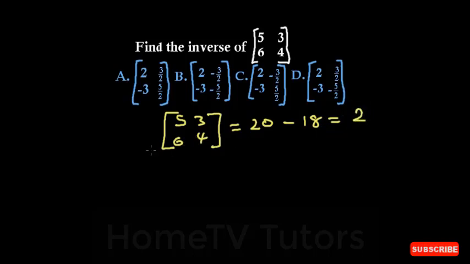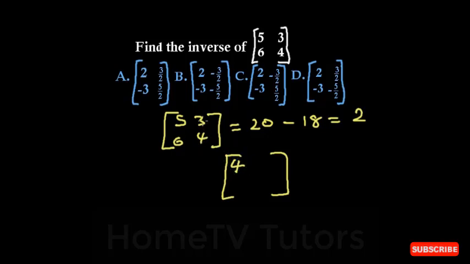Then secondly, we find the matrix of cofactors of each element in this matrix. So the cofactor of element 5 is 4, by striking out the row and the column, and this will form a new matrix. The place sign of this is plus, so we end up with a cofactor of 4.